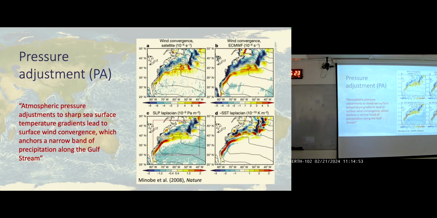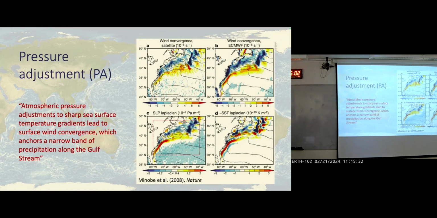And traditionally, we measure it by looking at the correlation between wind convergence or divergence and the SST Laplacian. And this is what is shown in this specific paper from 2008. The idea here is that red regions are more or less the same in the two properties, wind convergence and SST Laplacian, and the sea level pressure Laplacian is also correlated with these two properties.